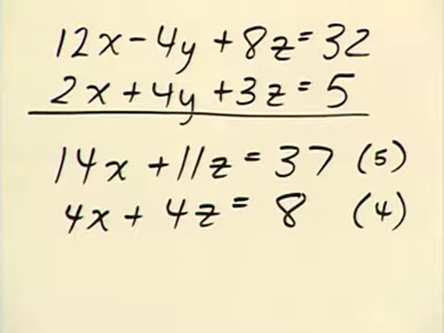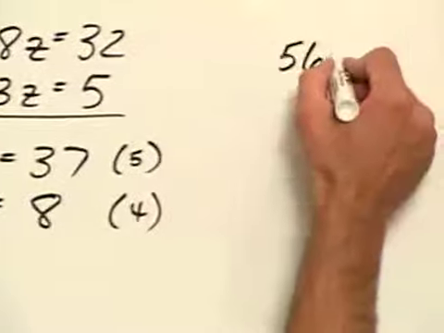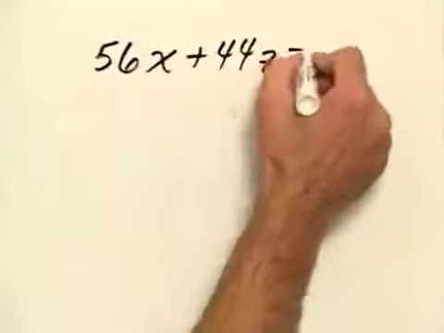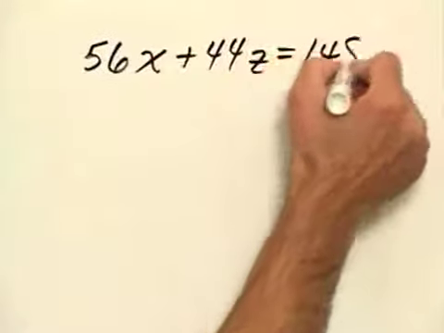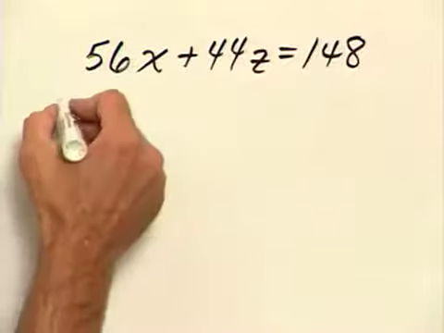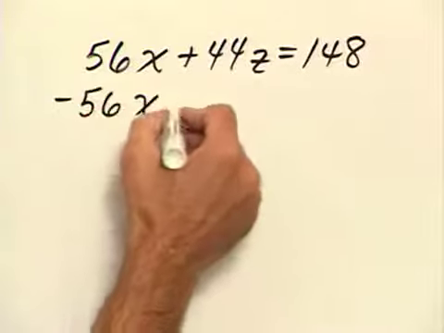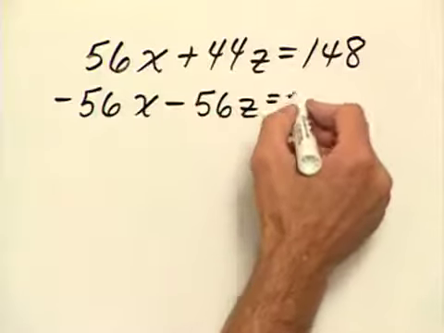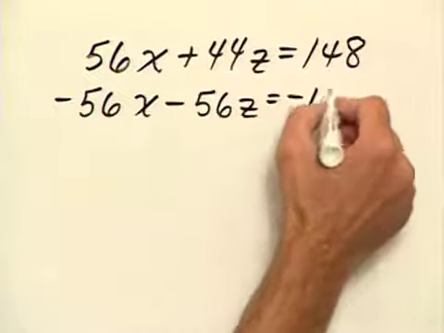Let's eliminate our x's by multiplying equation 5 by a 4 and equation 4 by a negative 14. This new system will then be 56x plus 44z is equal to 148, and our other equation will be negative 56x minus 56z is equal to negative 112.